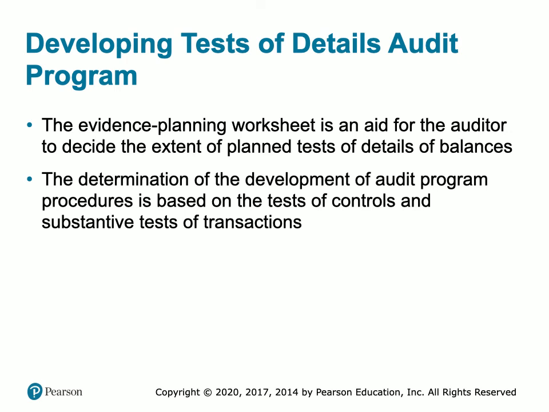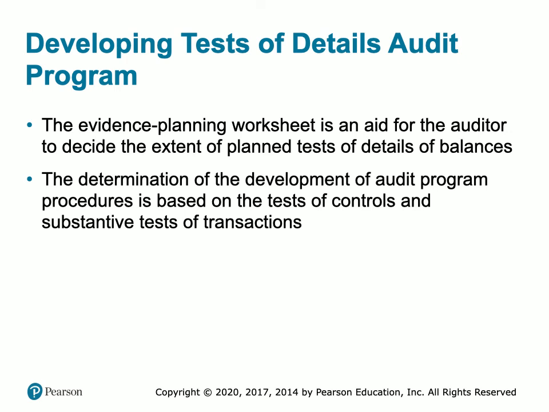The evidence planning worksheet is a good way to think about this stuff, but you have standard audit programs that your firms are going to have, and these are very easy to follow and select procedures from a planning standpoint.